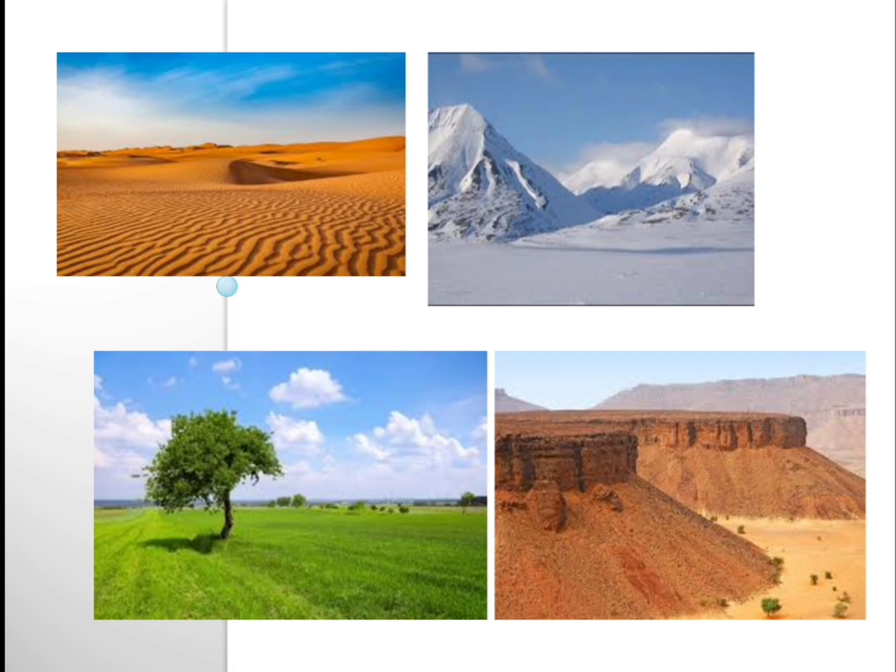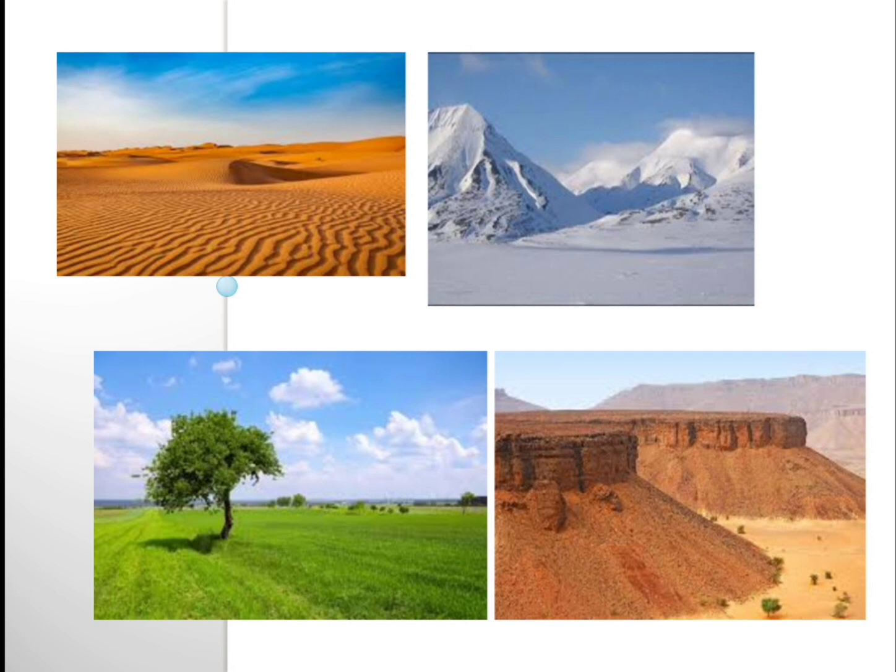Very little rainfall and sometimes no rainfall at all. In this region the plants are very few. The plants and trees that grow in this desert are very few, like date palm trees or cactus plants. Only a few plants you can see in this region.